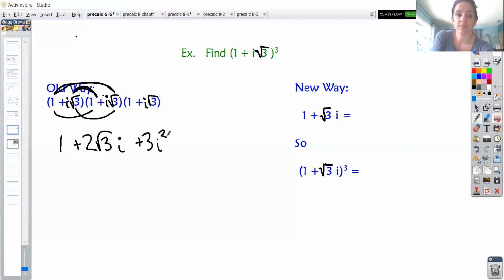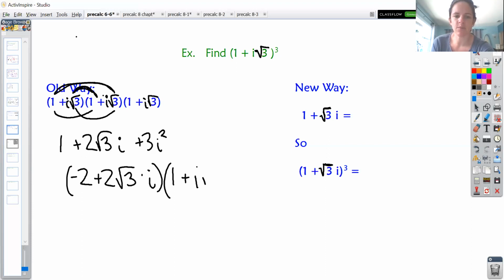But we know that i squared is -1. So then this actually gives us 1 minus 3, which would be -2, plus 2 root 3 times i. The i is not inside the square root. Sorry that I didn't write it in front of it. And then I'd still have to multiply it by another 1 plus i root 3. So let's go ahead and do that. So I'll FOIL that, and I get -2 times 1 is -2.